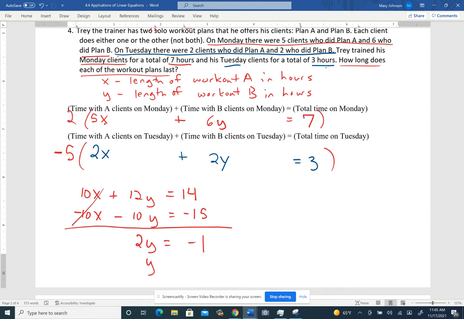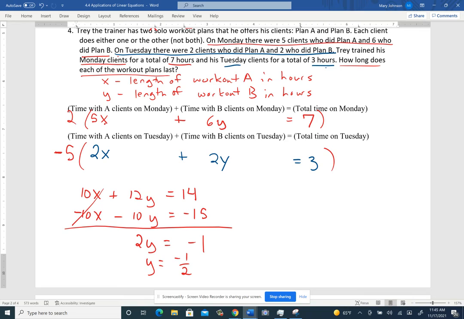And so y is supposed to equal a negative 1/2, and that's supposed to be the length of workout B. So there might be a problem with problem number 4, and maybe I didn't copy the numbers correctly, but you shouldn't wind up with a negative number on that. But the concept should be to do something like that.